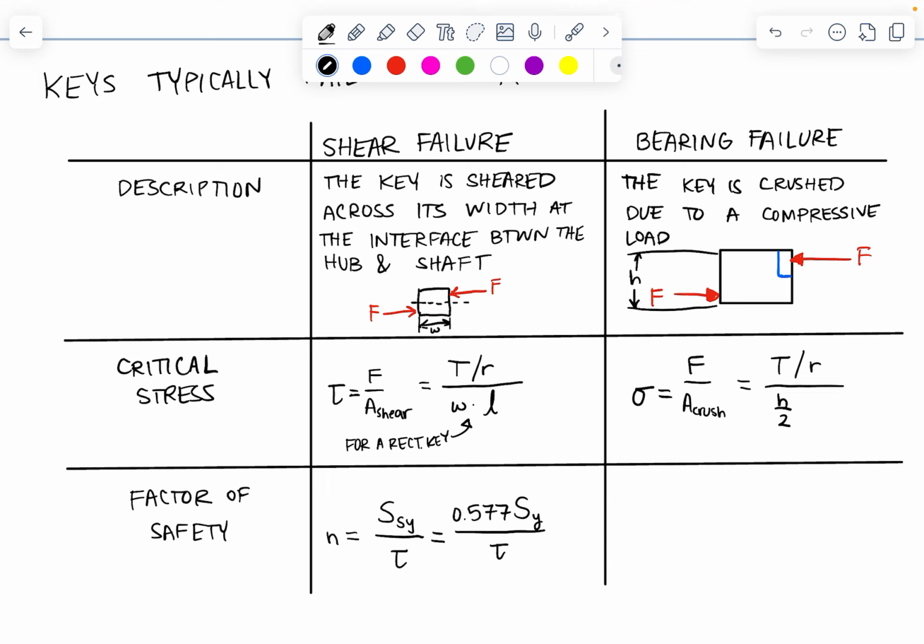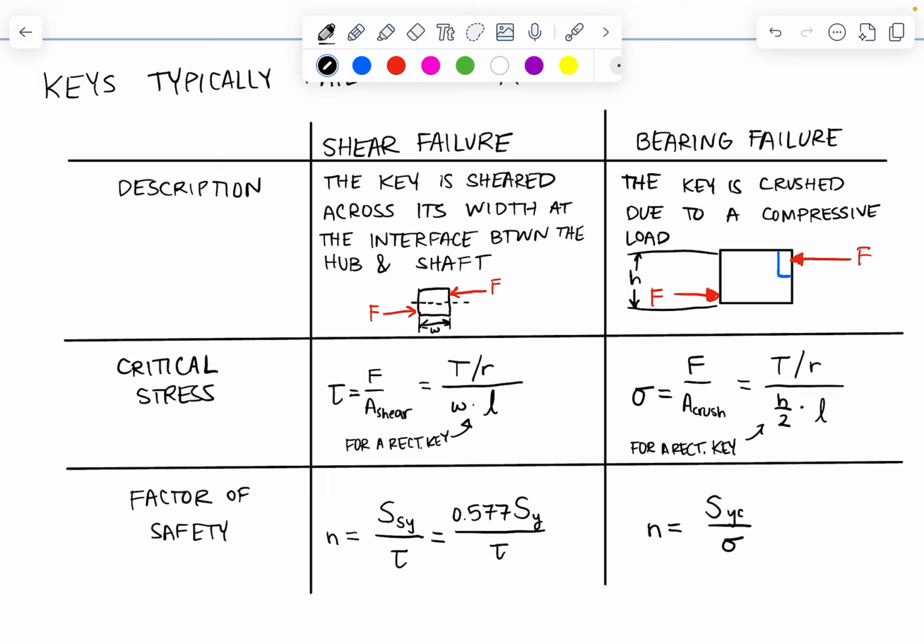So half the height times the length. And again, that's for a rectangular key. All right, and then for our factor of safety, we can compare this normal stress to the material's compressive yield strength to get a safety factor guarding against compressive yield.